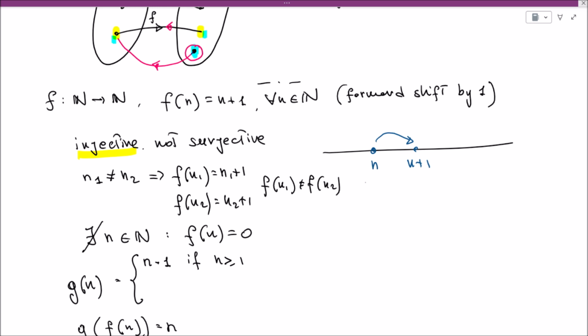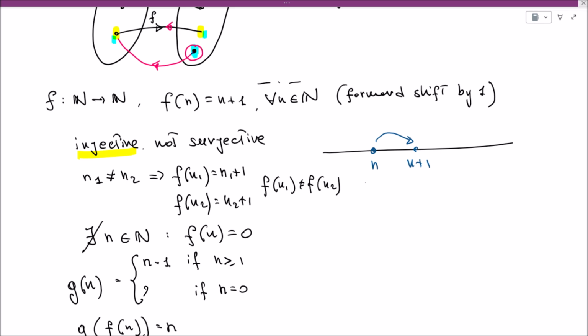But of course this still has a problem, because we need to find what happens if n is equal to 0, because we cannot apply n minus 1 to 0. We would end up in the negative numbers, which do not belong to N. Remember that we want g to be another function from the natural numbers to the natural numbers. But we can easily fix this.